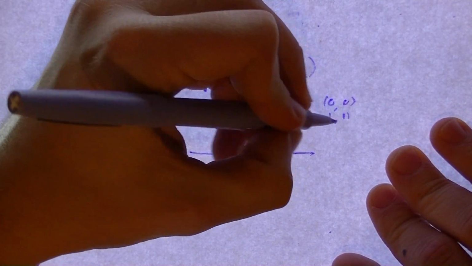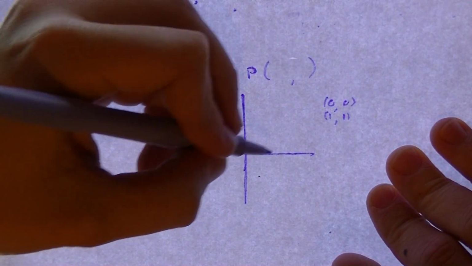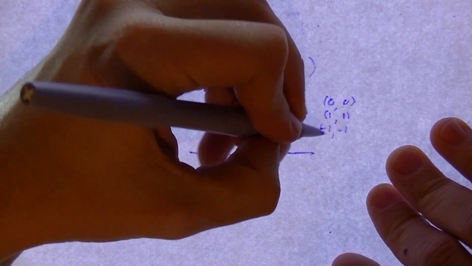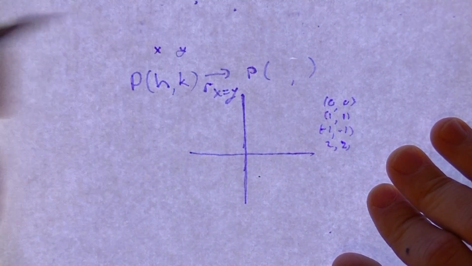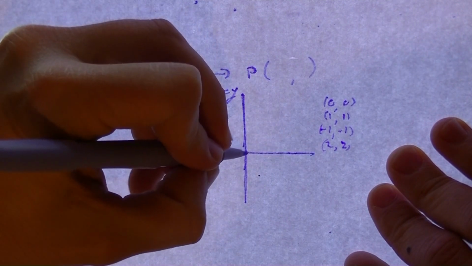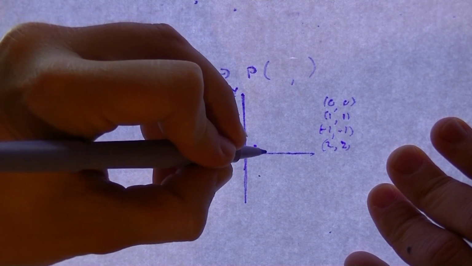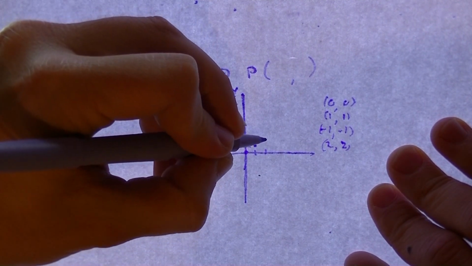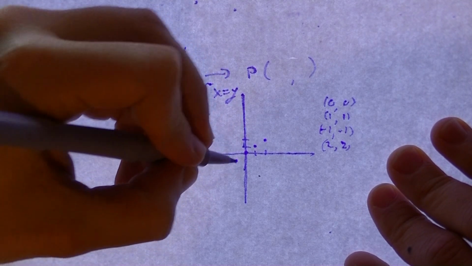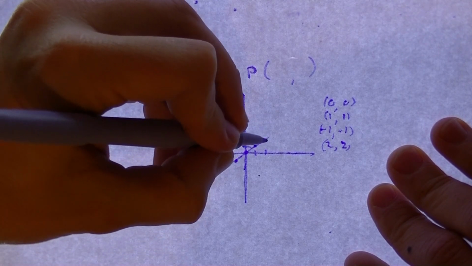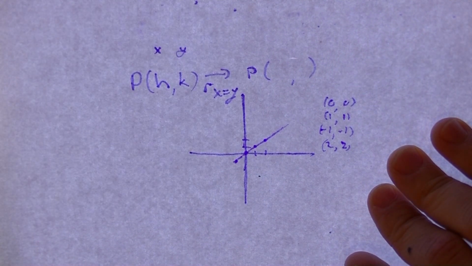The point 1, 1, x is equal to y. The point negative 1, negative 1, 2, 2. I think you're getting it. So 0, 0, 1, 1, 2, 2, negative 1, negative 1. Here is what my line x equals y looks like.